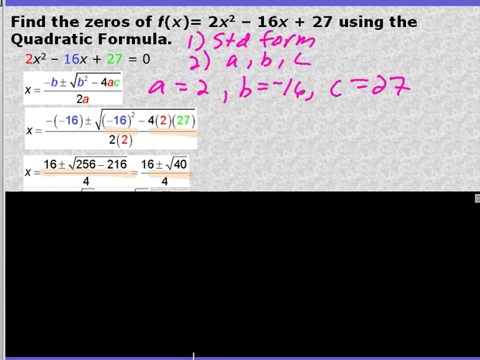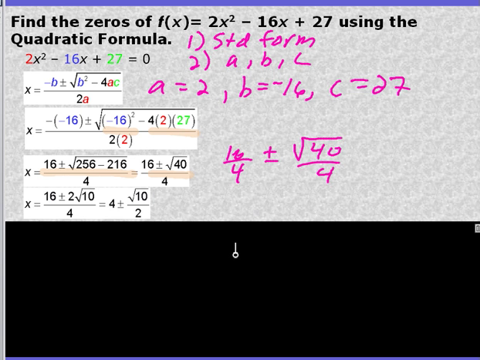And at this point, as I said, I normally do break it up. 16 divided by 4 is 4. And then we're going to simplify the radical. 40 is 4 times 10, 2 times 2, so the square root of 40 simplifies into 2 times the square root of 10 over 4.